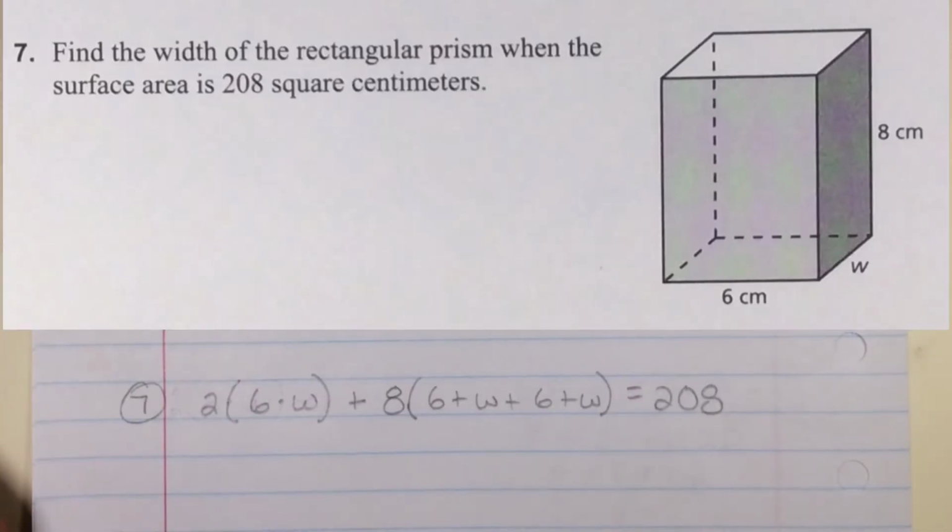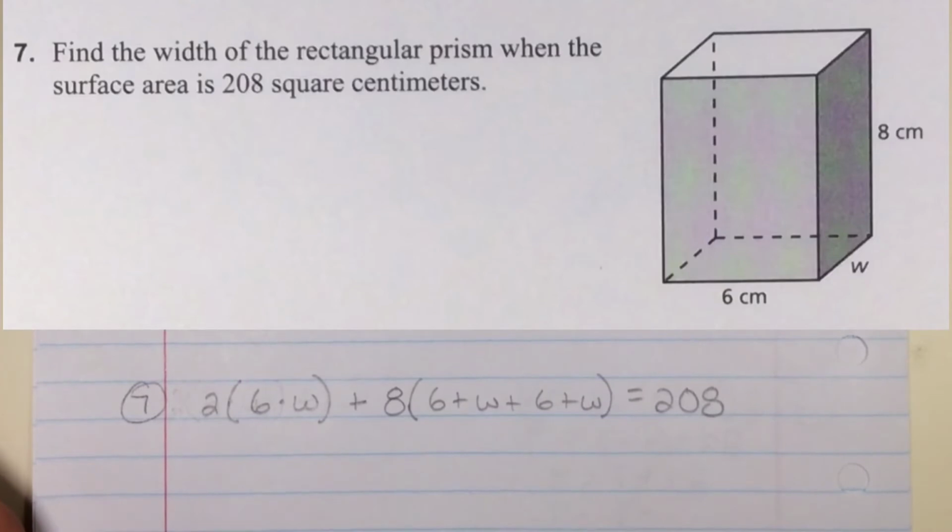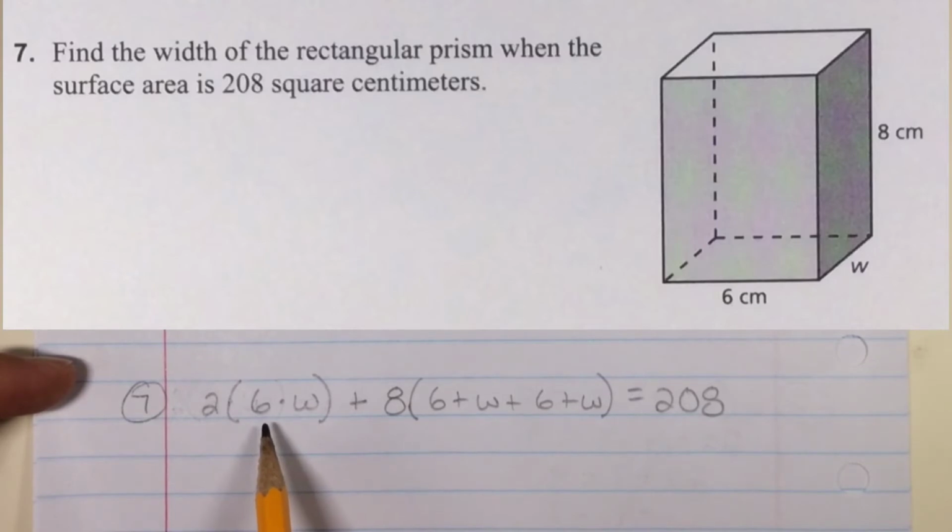Okay, for number 7, a little bit complicated when we're doing surface area here. To do the surface area first, I'll take the area of the base. So the base is the bottom rectangle. And that would be 6 times W, length times width, for that bottom one. And we have 2 of those. So we have the area for the bottom and the area of the top.